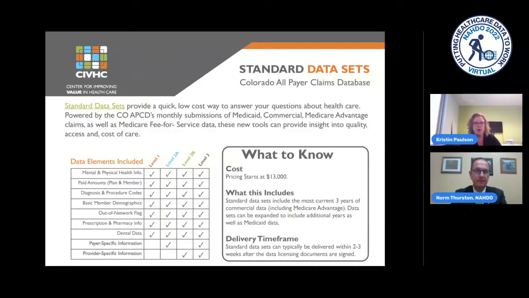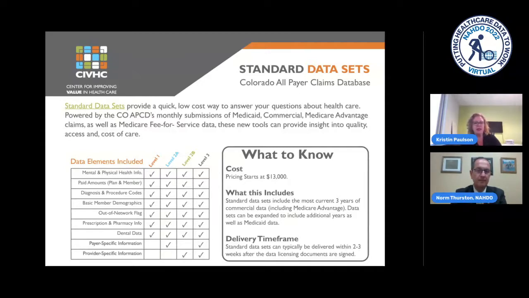So we created these standard de-identified datasets. They're completely de-identified, so there's absolutely no identifiers in them, meaning that there's no HIPAA disclosure risk, which reduces any of the risk to CIVHC. And then we also went through and made sure to tailor these datasets to minimize any antitrust risk as well.